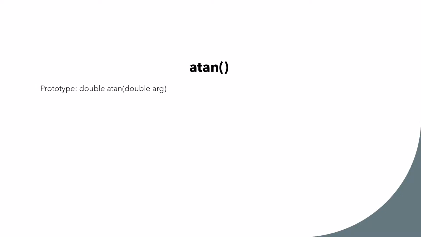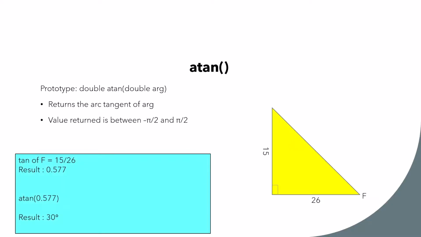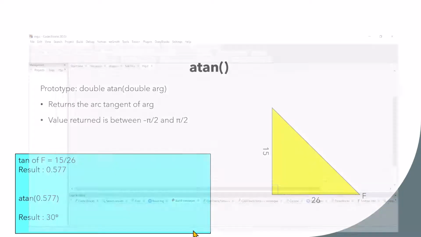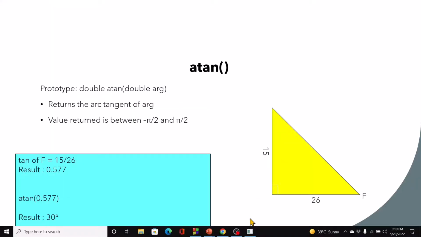So arctangent, again from the prototype, you can see taking as argument a double and returning a double as well, returns the arctangent of the argument. The value returned is between negative pi by 2 and pi by 2. So we have a triangle like this. We calculate tan, and then we provide the result to atan or arctangent, and we arrive at the angle measurement. So let's now go back to Code::Blocks. Let me just close this window.